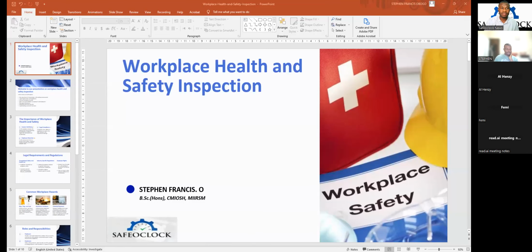Good evening, everyone, once again. As we all know, for today, we'll be talking about workplace health and safety inspection. This topic should form a basis of a refresher for us as safety practitioners, except for those who are really new, who want to get an insight of what happens within the profession.